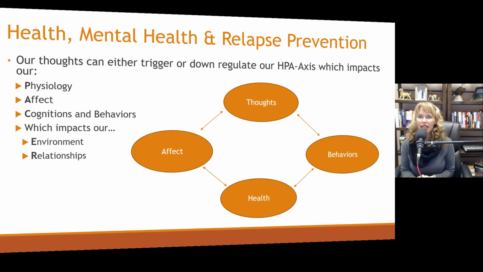So we want to recognize that our thoughts, for example, can either trigger or downregulate our HPA-Axis, which impacts our physiology. When we are relaxing, when we're having positive thoughts, when we are having thoughts of contentment and empowerment and safety, then guess what? Our physiology is going to change. We are going to have less cortisol.